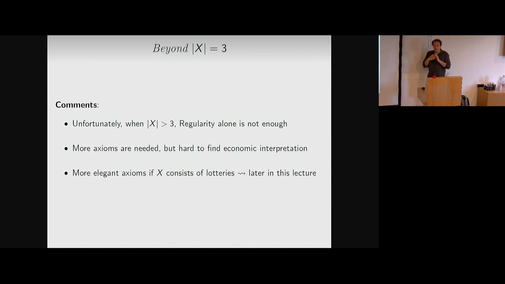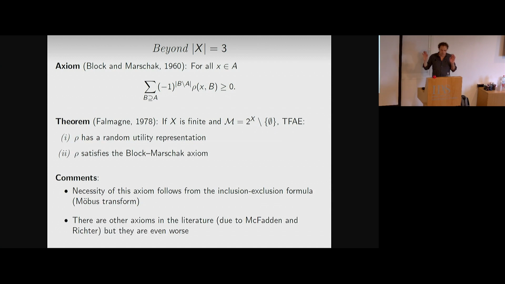I find it hard to intuit what these axioms actually mean. I will show this axiom to you, but only briefly. Then I'm going to switch gears and talk about lotteries. There, the axioms are much nicer, and I'll spend time talking about those. But in the abstract version of the model, the axiom looks like this.